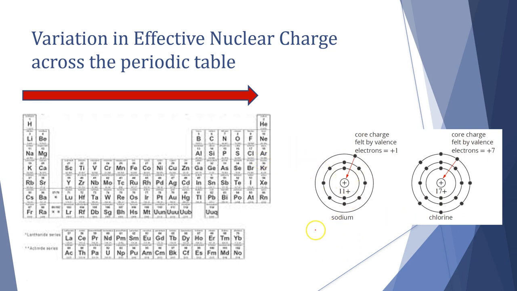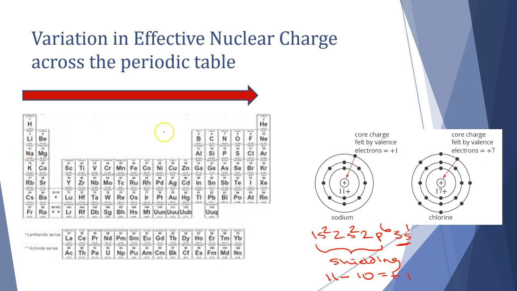Sodium's group 1, we have 1s2, 2s2, 2p6, 3s1 because it's number 11. So this is going to be my valence shell. These 10 are going to be my shielding. So I'm going to have 11, which is my atomic number, minus 10 shielding, which is +1.